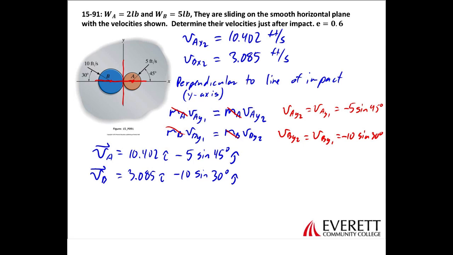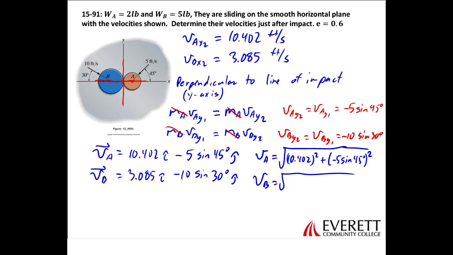Okay, now we want the magnitude. We can say the velocity of A magnitude is going to be the square root of the squares, which is going to be 10.402 squared plus -5 sine 45 degrees squared, and the magnitude of velocity of B is going to be the square root of 3.085 squared plus -10 times the sine of 30 squared.